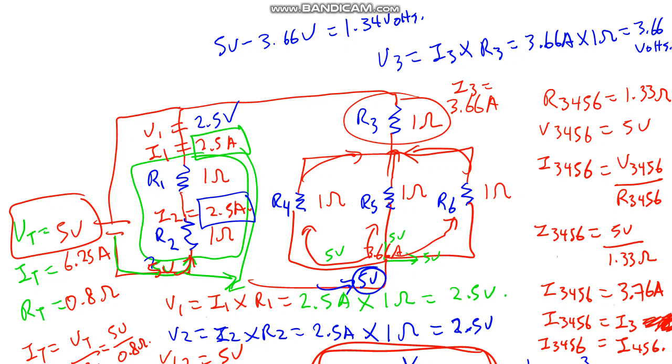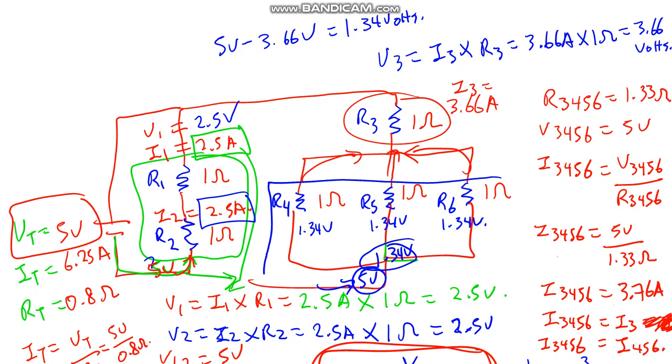So R456 is using that voltage, and since it's a parallel circuit, it's using the same voltage here, here, and here. Because they're parallel, if you start with that voltage, then this entire region will be using it. And since it's parallel, they have equal amounts of volts, and they don't get diluted.